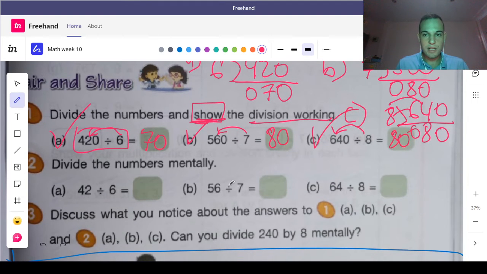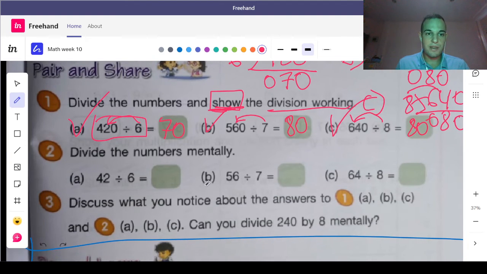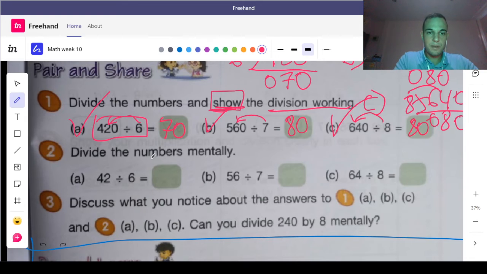Now, we're going to divide the numbers mentally without using any division. 42 divided by 6 is 7. 56 divided by 7 is 8. And 64 divided by 8 is 8. What do you notice here? It's the same thing, but it has a 0.